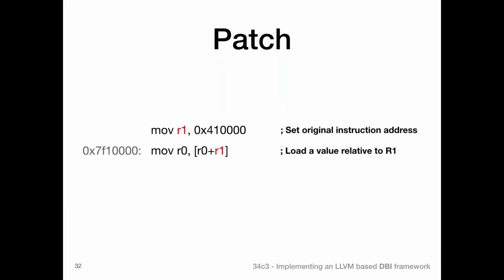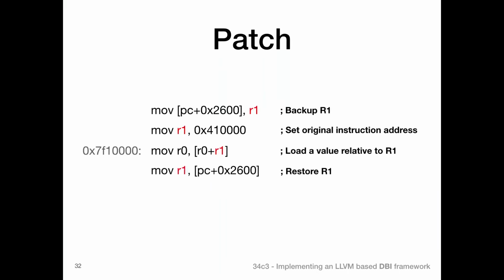And this way, when we execute this instruction, the reference will be the same. But as you can see, we are breaking things here. We are modifying the behavior of the program because we are erasing this register. So basically, what you need is also to back up this register. And after executing the modified instruction, you also need to restore that register.